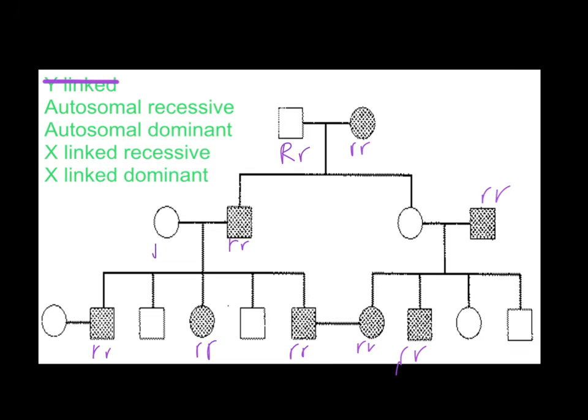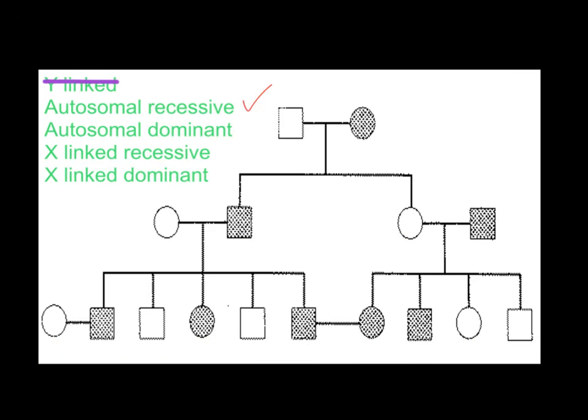The same would go for this mother because she has affected and unaffected children, and the same would go for this mother. So what I'm seeing is that autosomal recessive is a completely plausible mode of inheritance for this pedigree.